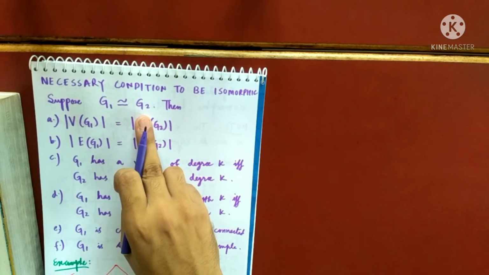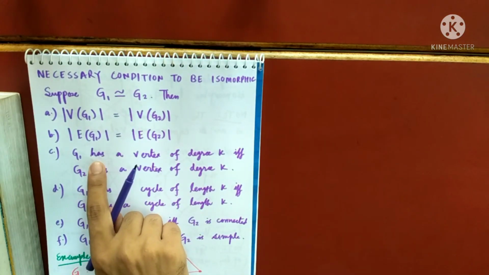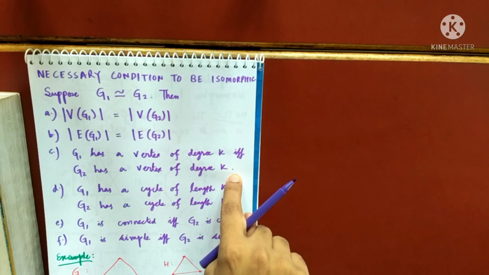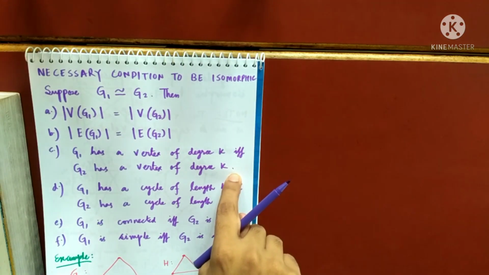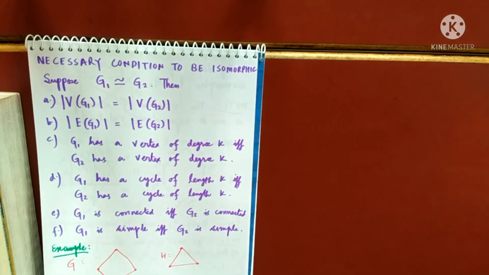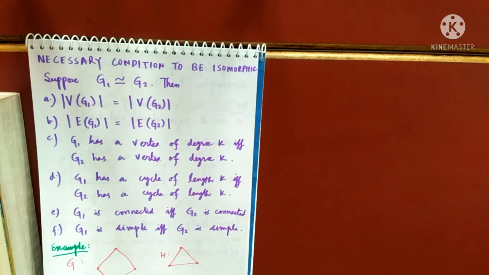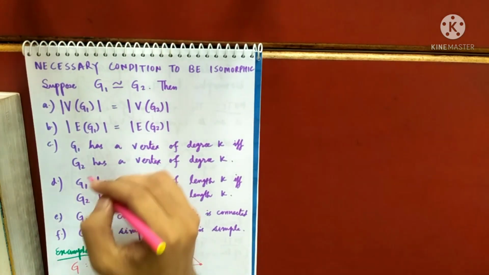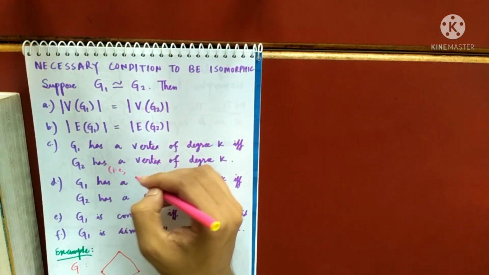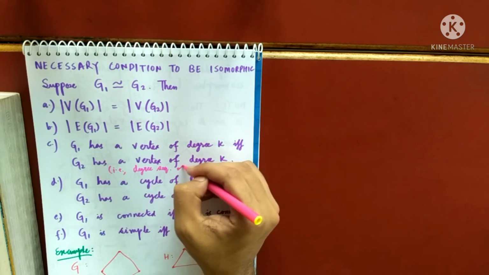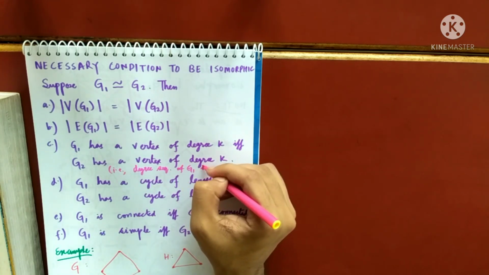This follows from what I have written here. If G1 and G2 are isomorphic, then G1 has a vertex of degree k if and only if G2 has a vertex of degree k. This simply means that G1 and G2 have the same degree sequence.